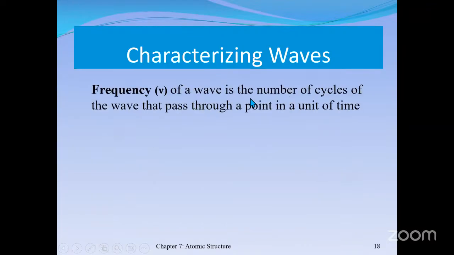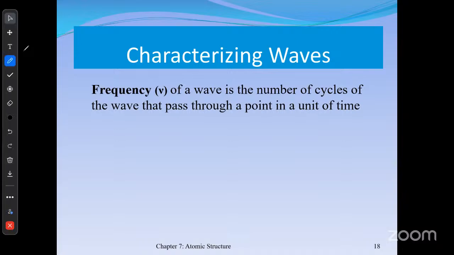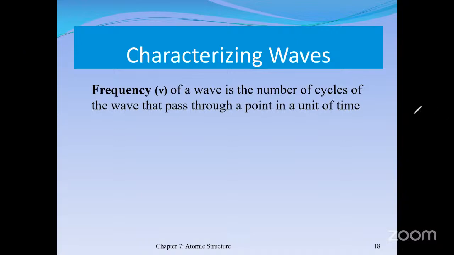Now, the frequency of a wave is the number of cycles of the wave that passes through a point in a unit of time. And usually the unit of time would be seconds. So let me just put here in parentheses seconds. So the unit of frequency is seconds to the minus one.